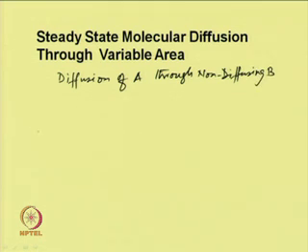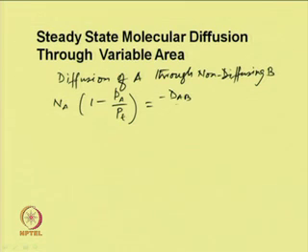B. So, in this case we know the flux is related with the partial pressure P A by P T, the total pressure, is equal to minus D A B by R T d P A by d r for ideal gas.